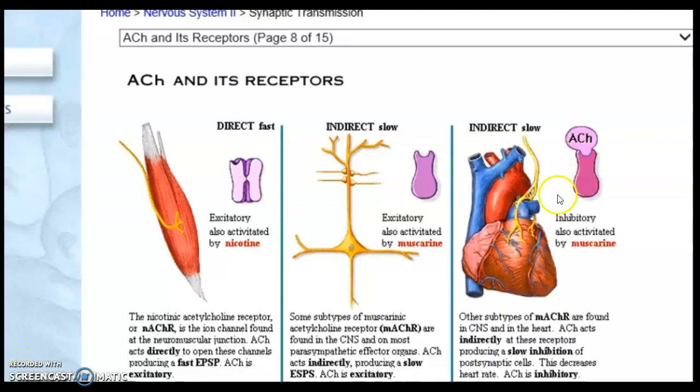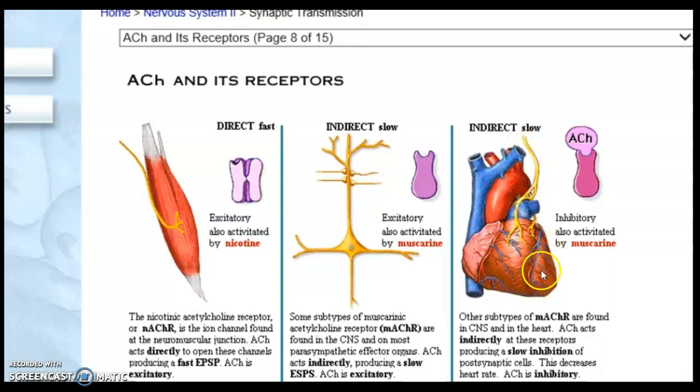A good example of this is our heart, which has the ability to beat without neural stimulus, unlike other muscles, but it does have neural stimulus from the sympathetic or parasympathetic nervous system.